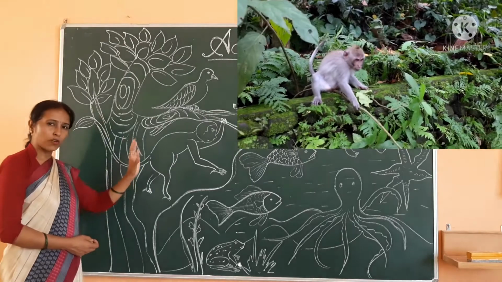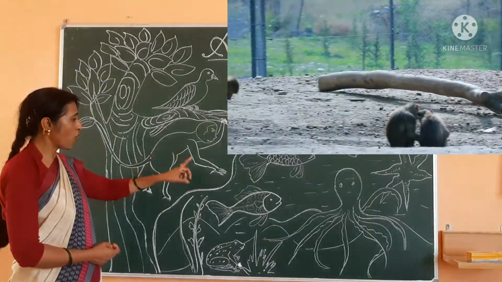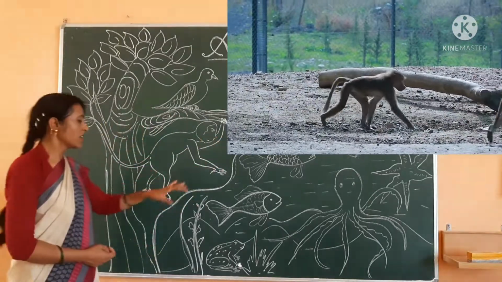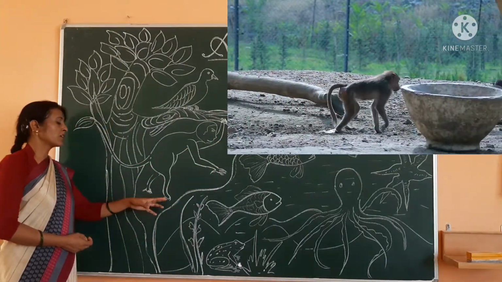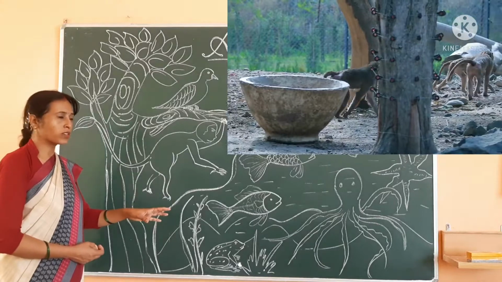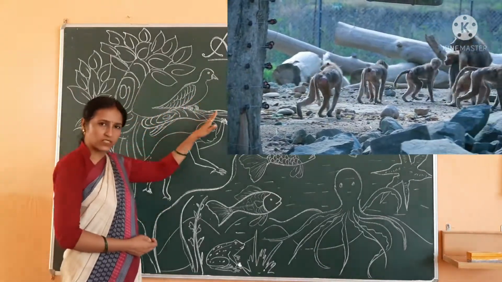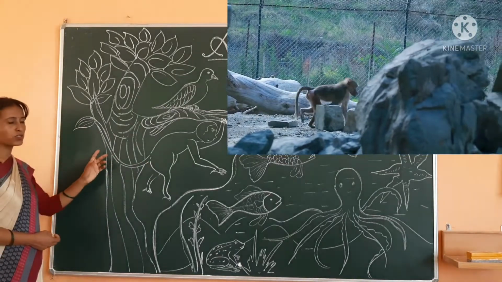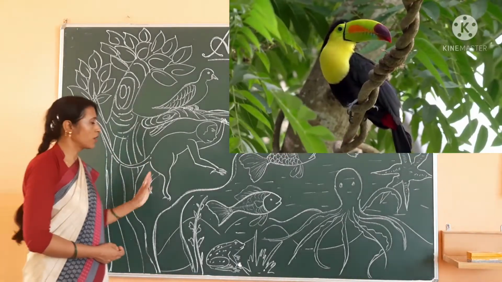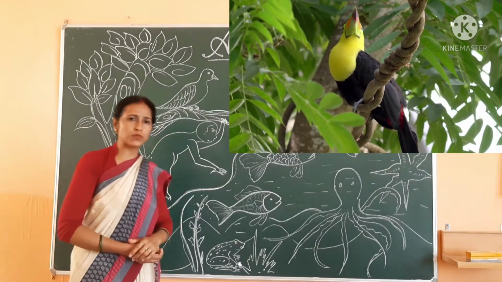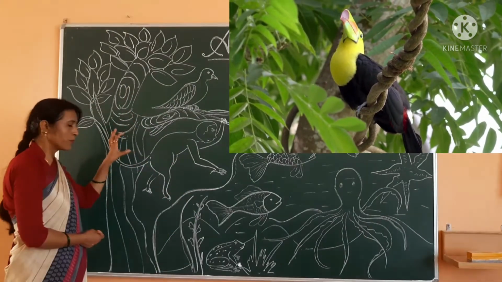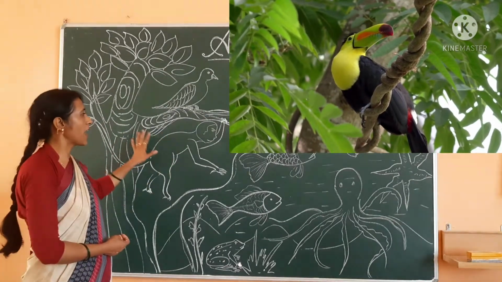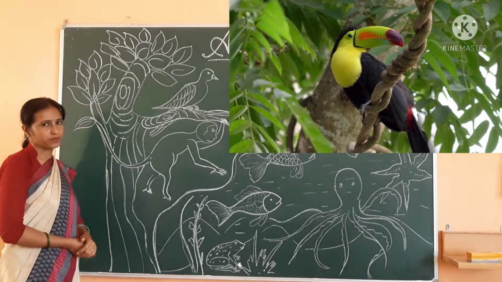They have elongated, muscular, strong limbs to catch the branches, clawed feet to grip the branches, and a strong, long tail, which is helpful for moving from one place to another as well as gripping the trees. So these are the three adaptations found in arboreal animals.